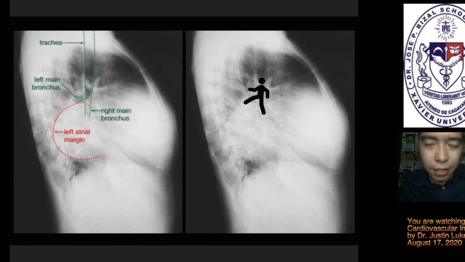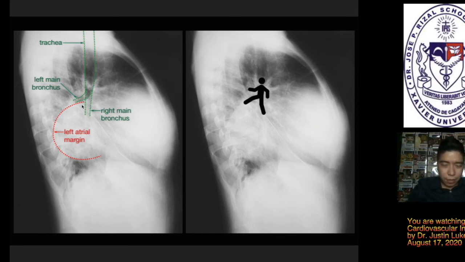Then there's one more sign on lateral radiograph. This is your walking man sign. It's created by the trachea and the bronchus, left mediastinum bronchus and right mediastinum bronchus, which forms the legs of the walking man. Just use your imagination. Again, radiology makes use of a lot of imagination because most of the time it's just black and white, and we have to make do with what we have.